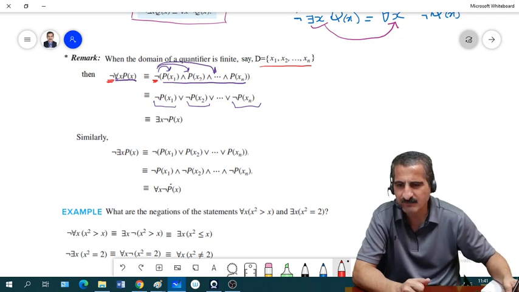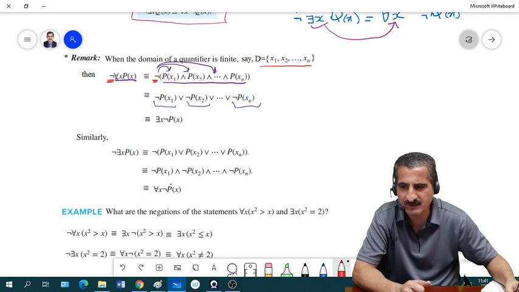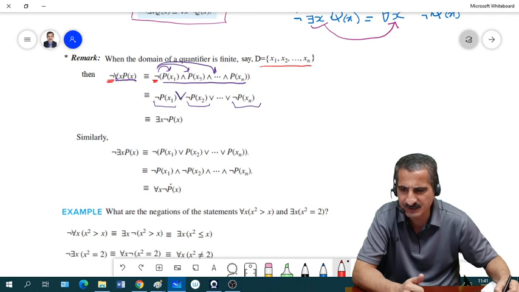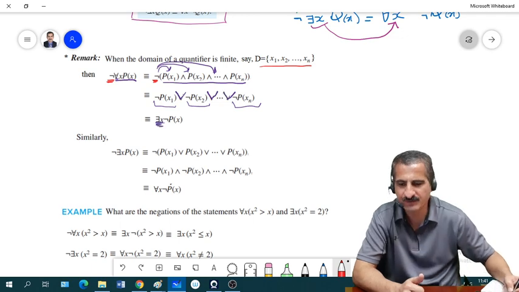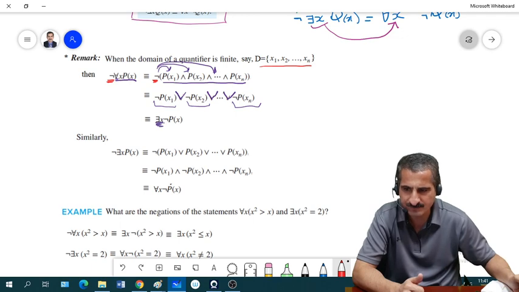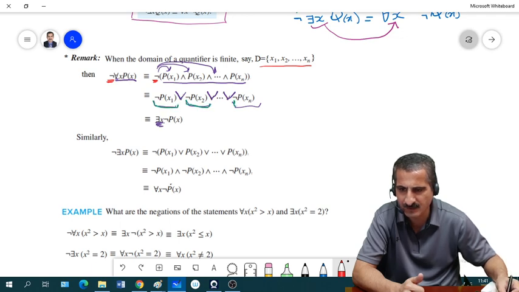But this equals, as we learned before, the disjunction here converted to the existential quantifier of the propositional function which is inside, including the negation.